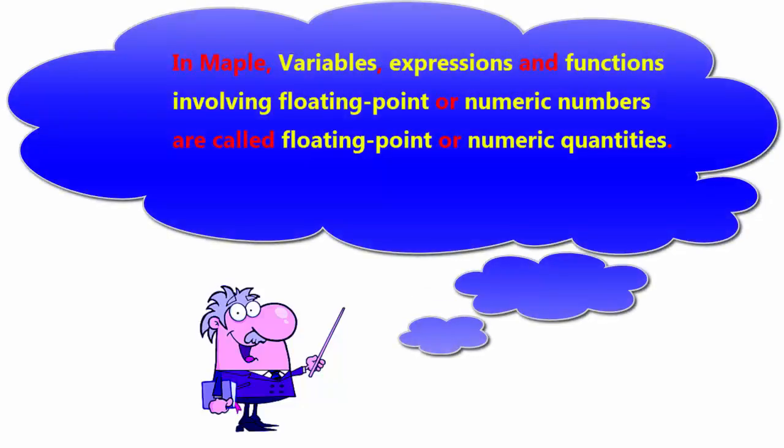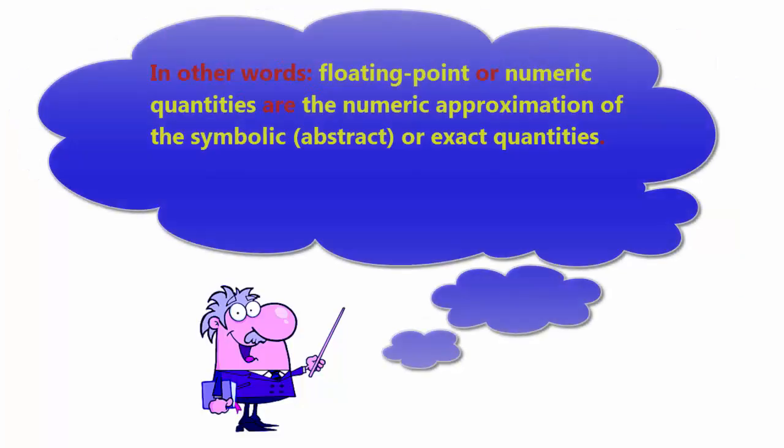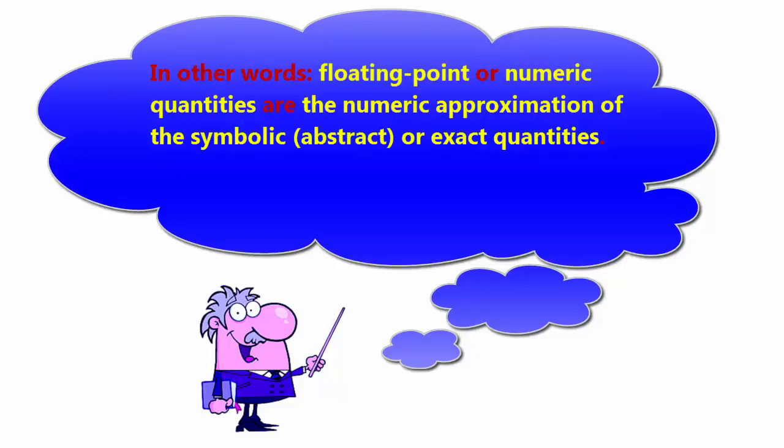In Maple, variables, expressions and functions involving floating point or numeric numbers are called floating point or numeric quantities. In other words, floating point or numeric quantities are the numeric approximation of the symbolic, abstract, or exact quantities.